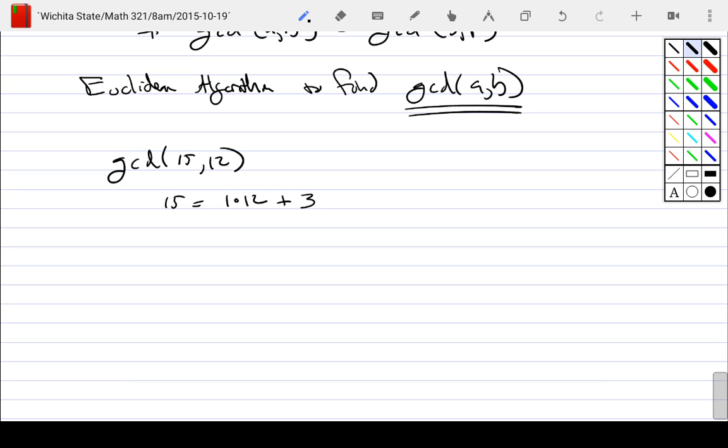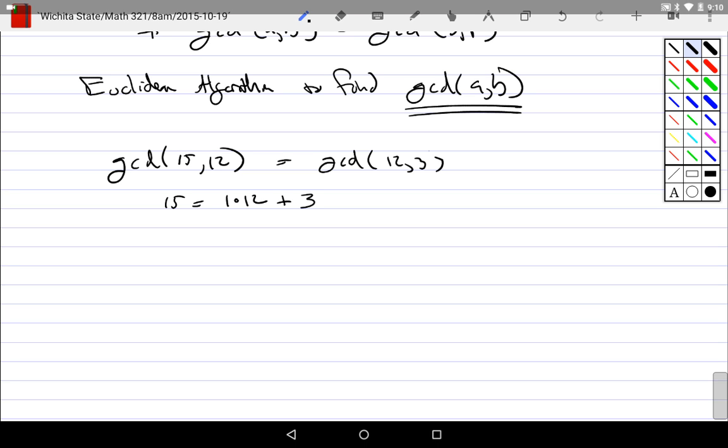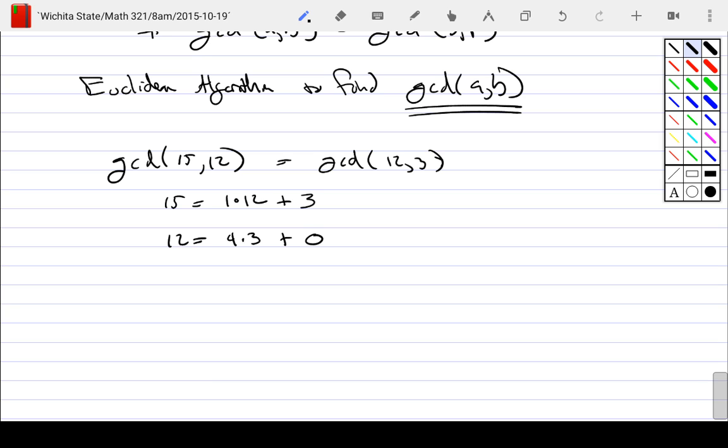So that tells me that the GCD of 15 and 12 is actually the GCD of 12 and 3. But how could I find the GCD of 12 and 3? Well, 12 is 4 3s plus nothing left over. And so we would just continue this process until we get to the last remainder, which is 3.